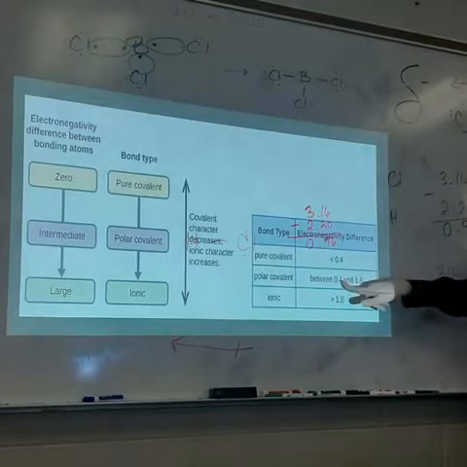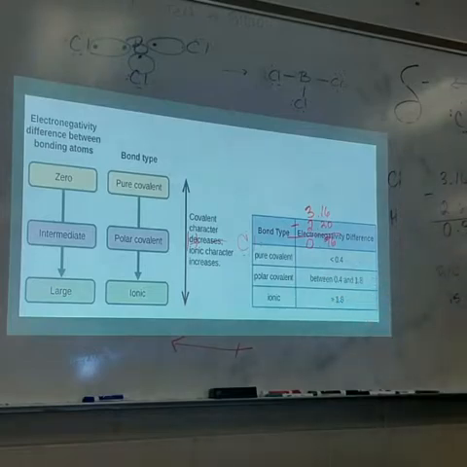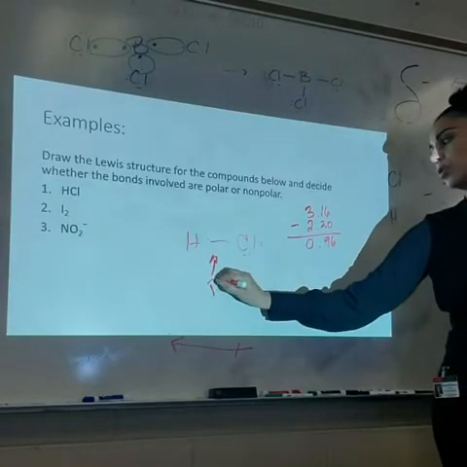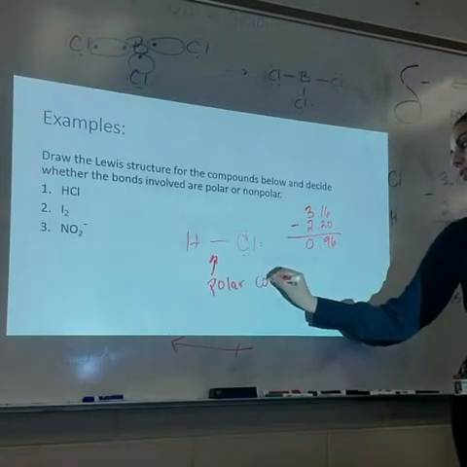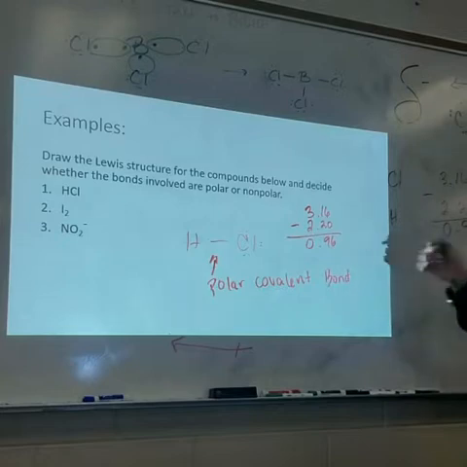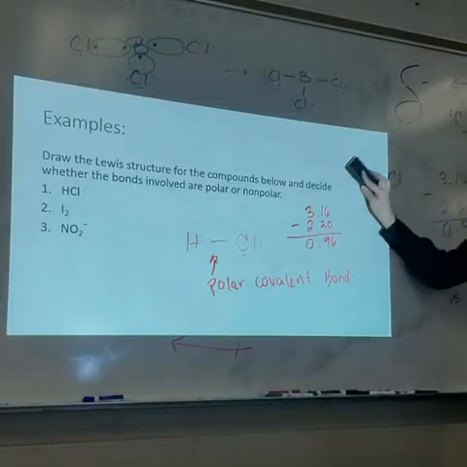It falls in between those two numbers, so it's called polar covalent. So this bond is a polar covalent bond. Good? Everybody got this in the notes? Can I erase it? All right.